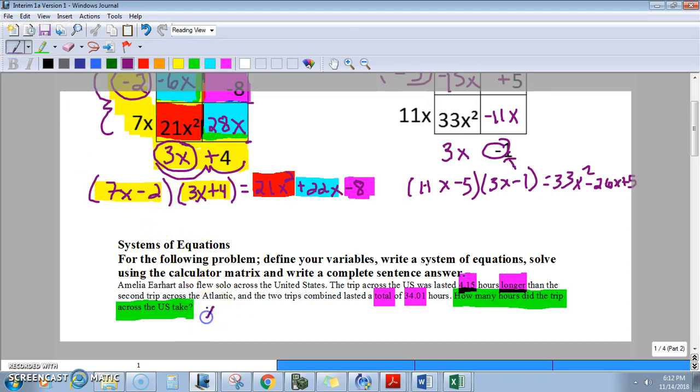So let's try this. x is going to be the number of hours it took for the trip across the U.S. And y, let's make y the number of hours to cross the Atlantic.